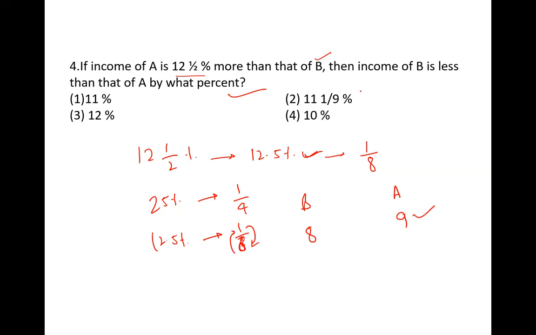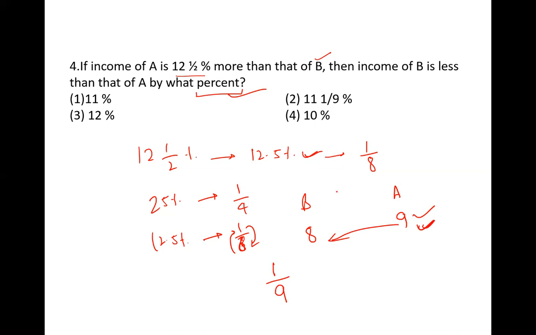So see, what is the question basically? Then income of B is less than that of A by what percent? So see, students, B is 1 unit less than A if A is 9. But in the question, percentage is asked. So percent means what?